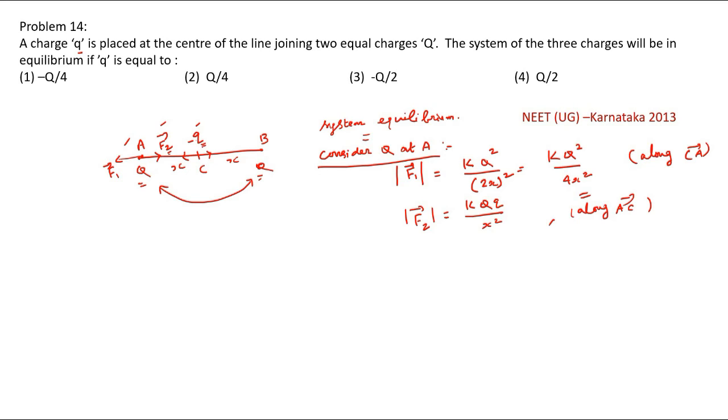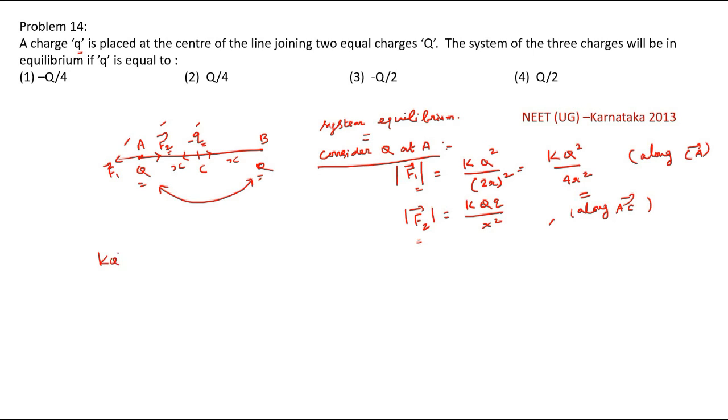Note that small q should be of negative sign, but we just consider the force alone because I put magnitude here. They have to be numerically equal, and they are opposite in direction if this is a negative charge. So being numerically equal is the reduced condition now.